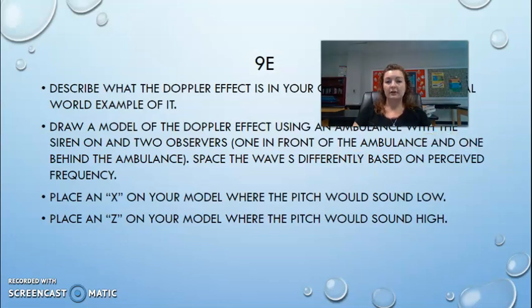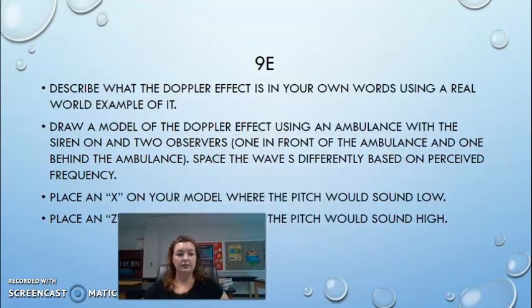Okay, so you have this on your worksheet for you to do. It says, describe what the Doppler effect is in your own words using a real-world example of it, and you can use the ones we just used. You can put in place people, you can put in place cars, whatever you want to make it a real-life example. You can even use a train example, that's fine.